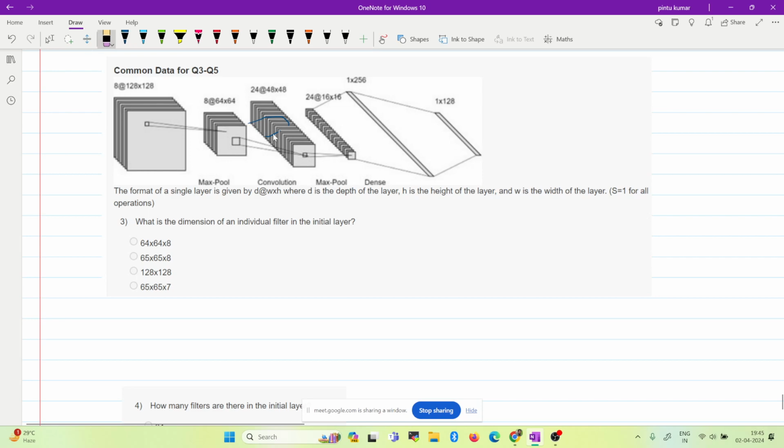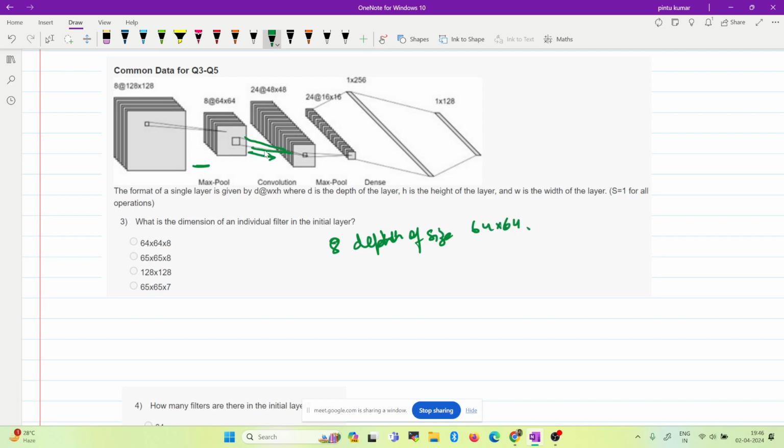Okay, so the first time where the convolution operation is taking place is this. Here we have max pool, here we have convolution happening. So let's try to find the size of the filter over here. What is the size of the filter? So here we had depth 8 of size 64 cross 64.